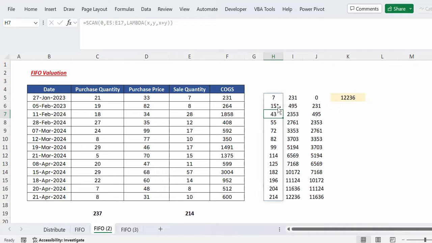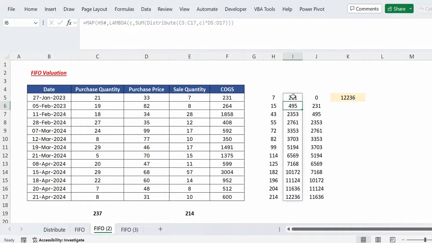And then what we did, basically, we tried to find the value of the cumulative quantities at each of the steps. And then to arrive at the quantity value of each of the cost of goods sold of each of the individual quantities that we sold, we just made the subtraction of the cumulative quantity at, let's say, this step minus the cumulative quantity at the previous step to get the quantity sold at each of the dates here, right?